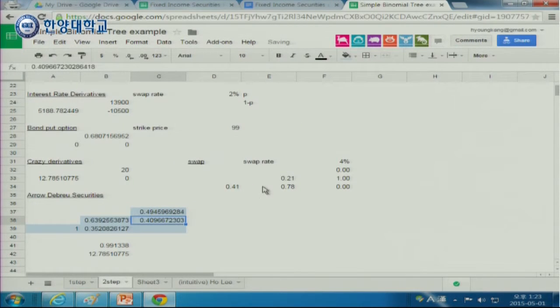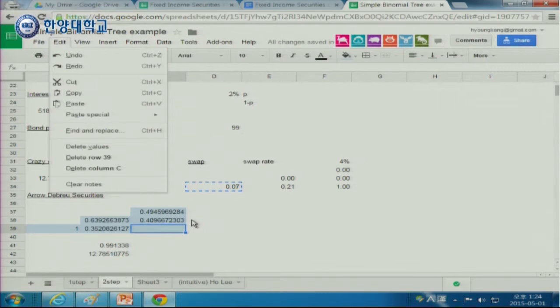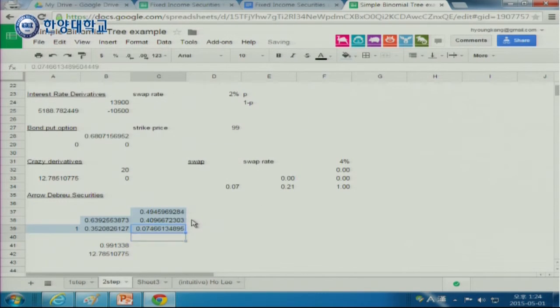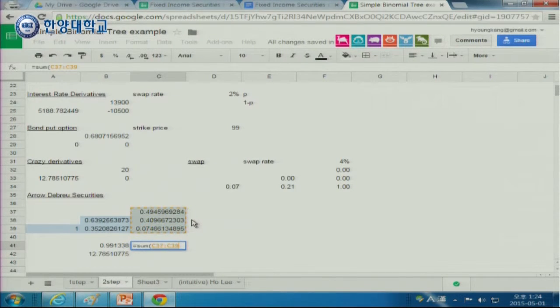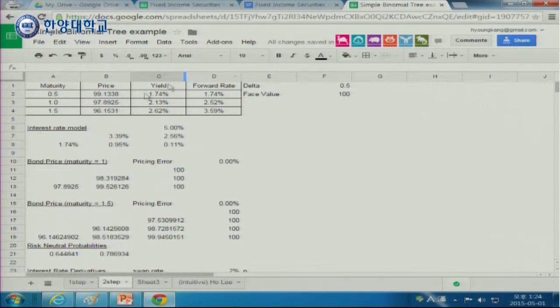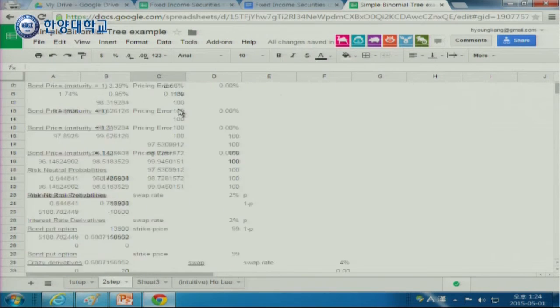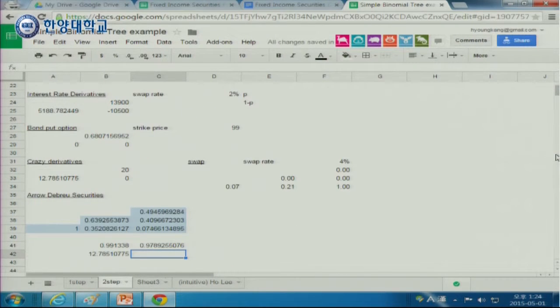And for the Arrow-Debreu security that pays $1 over here, the value is like this one. Again, we can calculate the price of the risk-free asset, which is the sum of all Arrow-Debreu securities. It is 9789, which is exactly the same as 9789. Okay, it's like this.